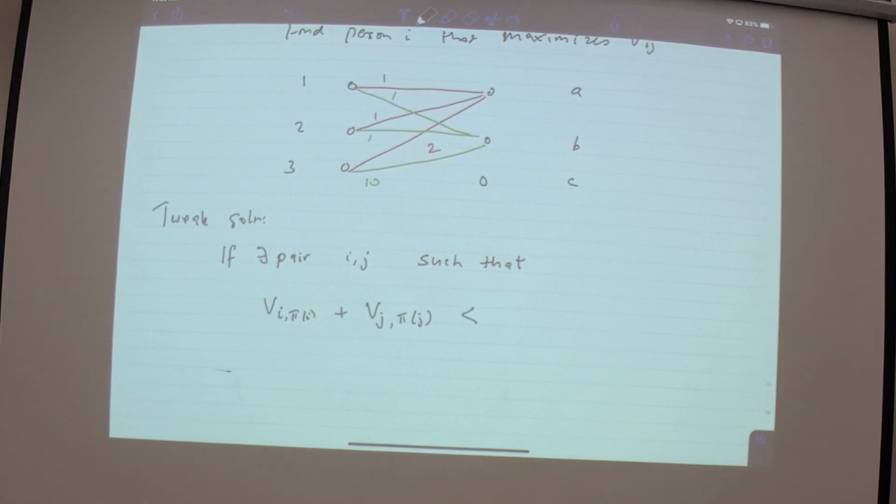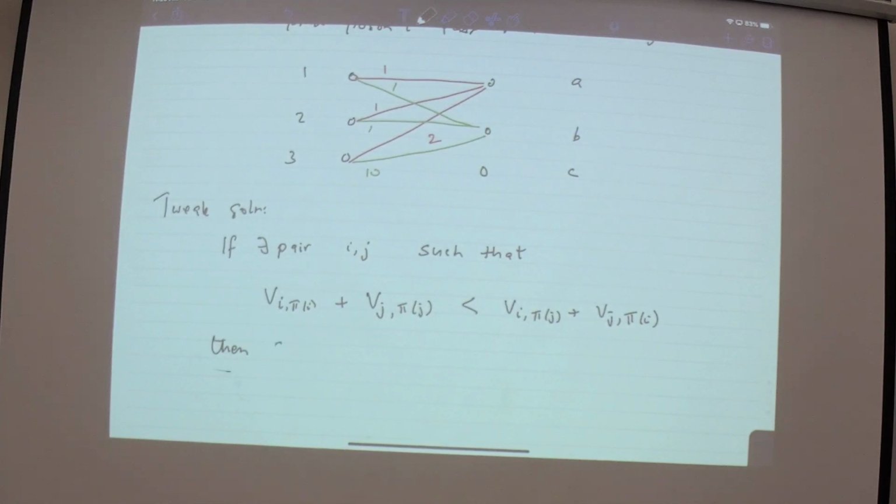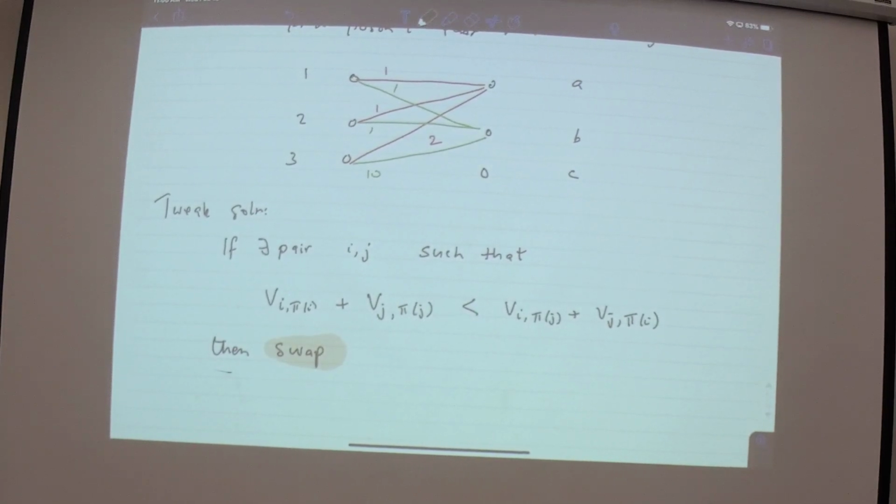It would be v_i,π(j) plus v_j,π(i). Very good, because I swapped them around. If that's the case, then swap the assignments of i and j.